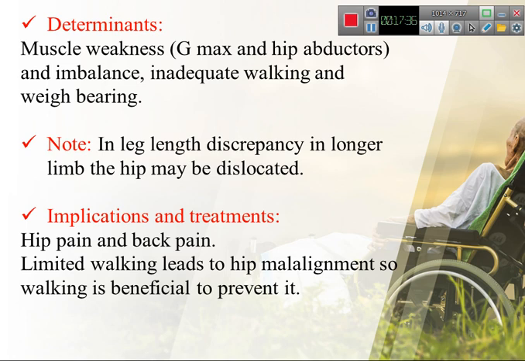And if the patient does not have adequate walking or weight bearing, it can cause hip malalignment too. There is a note: in leg length discrepancy, we can see hip subluxation and dislocation in the longer limb.